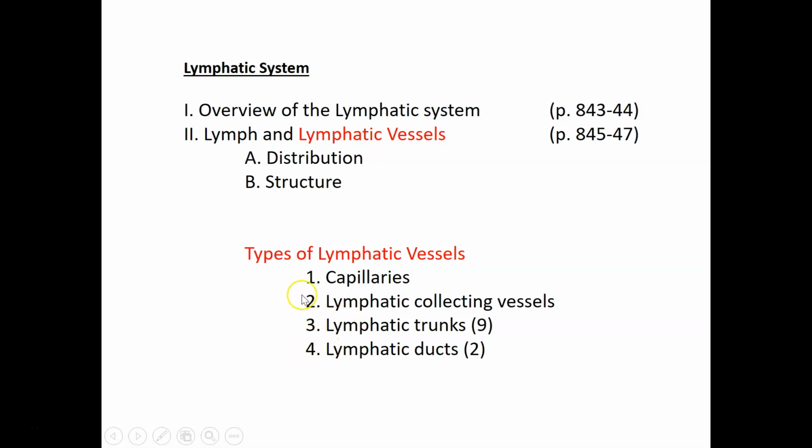So these 2 through 4 are the main topic for this video. And each of these get larger and larger. And there are fewer and fewer of these vessels as we progress along this hierarchy, I guess you could say, of the different types of lymphatic vessels.